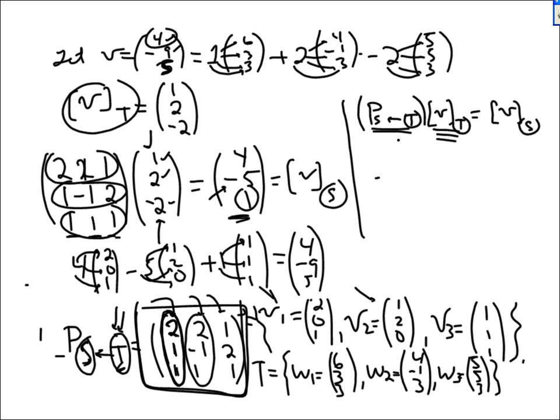I wrote down the coordinates of the second vector in t with respect to the basis s. And then I took the third vector in t, W3, and found its coordinates with respect to s. And this gave me the transition matrix. Now, something silly is going wrong, but that's how mathematics is.